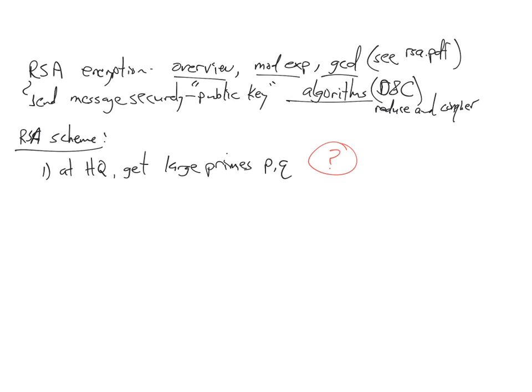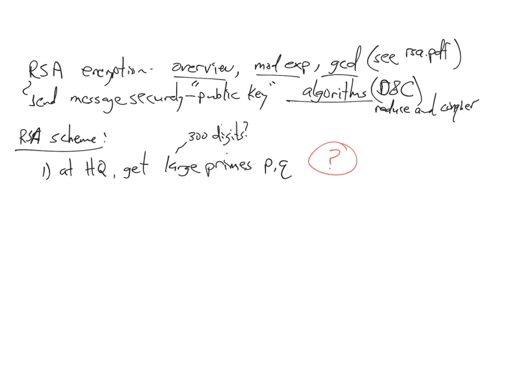And by large, we're talking 300 digits, something of that ballpark. The larger they are, the more secure the method probably is. If you pick them to be 20 or 30 digits, it could certainly be broken by modern computers, or probably even 100. That bar keeps going up as computers get faster, but we'll claim that it's still secure.